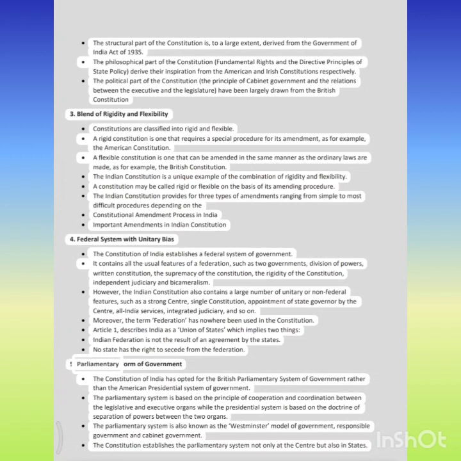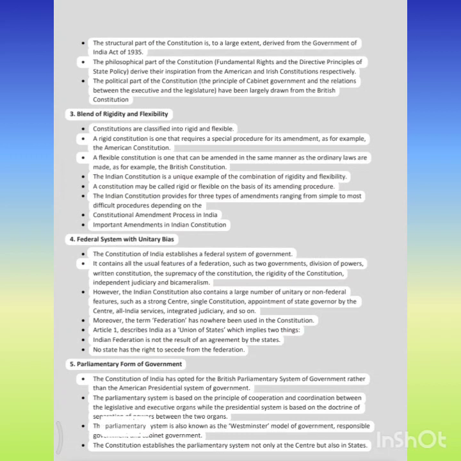5. Parliamentary form of government. The Constitution of India has opted for the British parliamentary system of government rather than the American presidential system of government. The parliamentary system is based on the principle of cooperation and coordination between the legislative and executive organs, while the presidential system is based on the doctrine of separation of powers between the 2 organs.